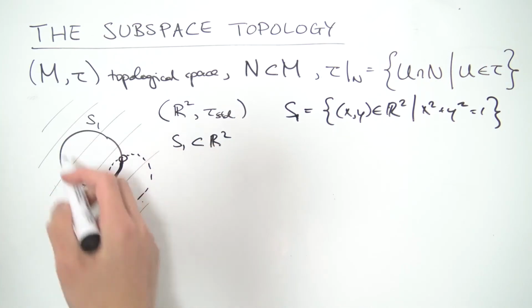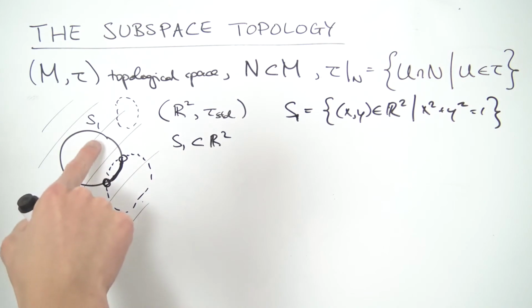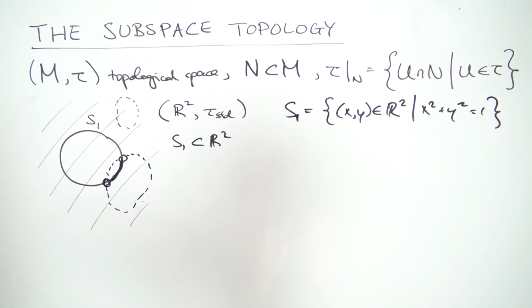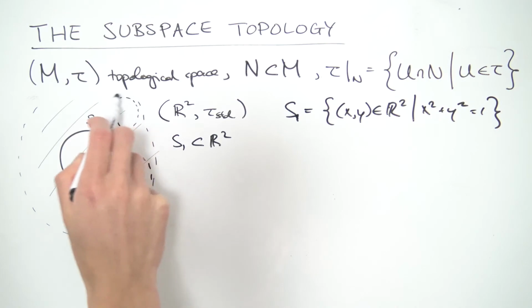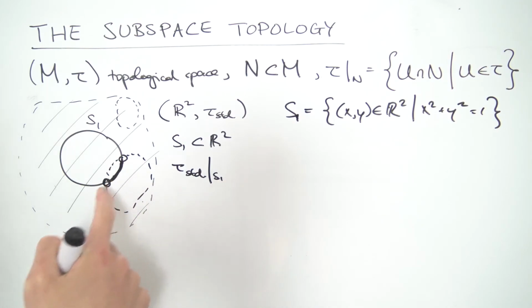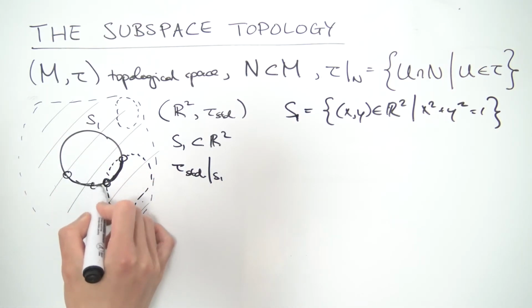And in fact, you can do this with all the open sets. For some subsets, it might not actually intersect with the circle. So in fact, the intersection there is empty, but that's fine because the empty set is always part of the topology. And if you take a set that includes the whole of S1, then the whole of S1 is of course part of the topology. So yeah, the topology on S1 is just the set of all these little intervals over here that don't contain the boundary on S1.